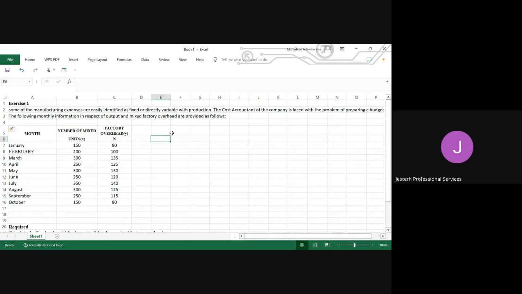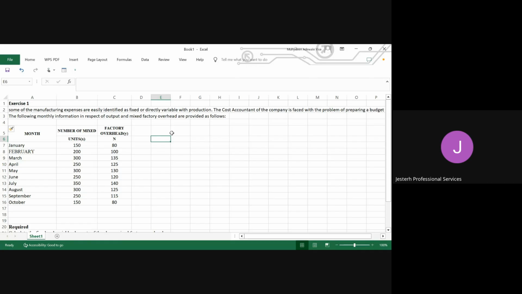Now, they want to prepare a budget, and the cost accountant or the management accountant of the organization is having issues in preparing the budget for the coming year. He wishes to determine the fixed and the variable cost from the mixed cost.